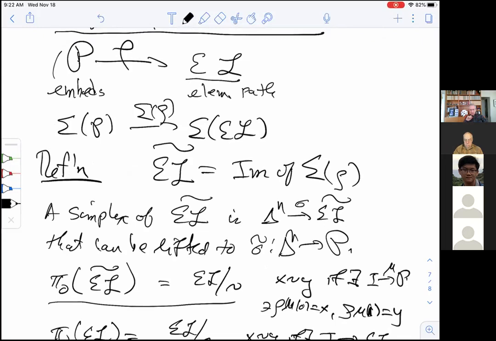So it's not a function only of the space, it's a function of the space and this map.